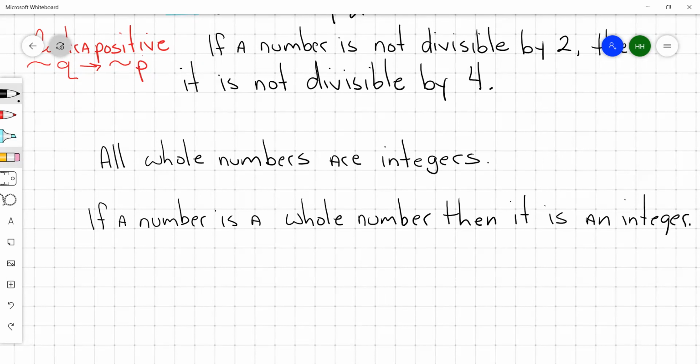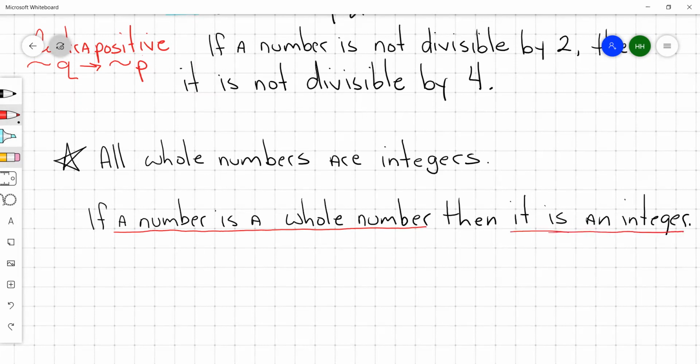Okay, do you understand how you can take this statement that's not in if-then form and write it in if-then form so that you can identify the hypothesis, which would be a number being a whole number. The conclusion would be that it is an integer.